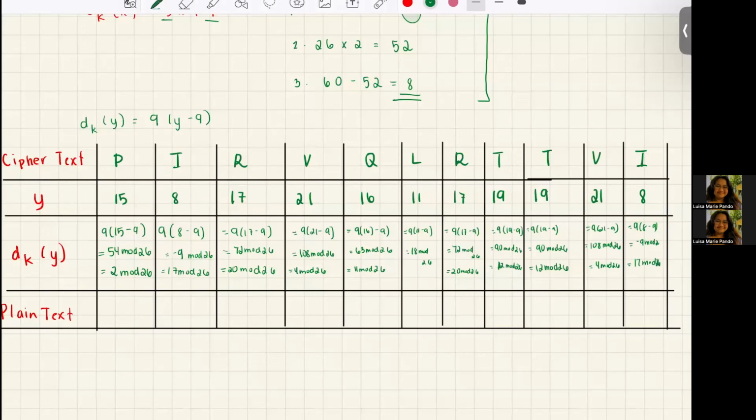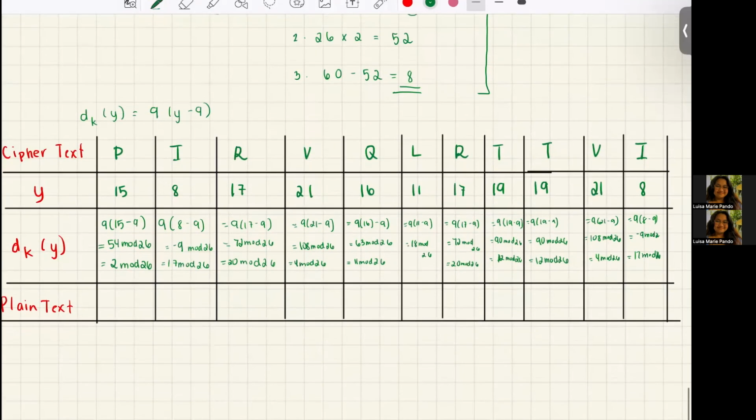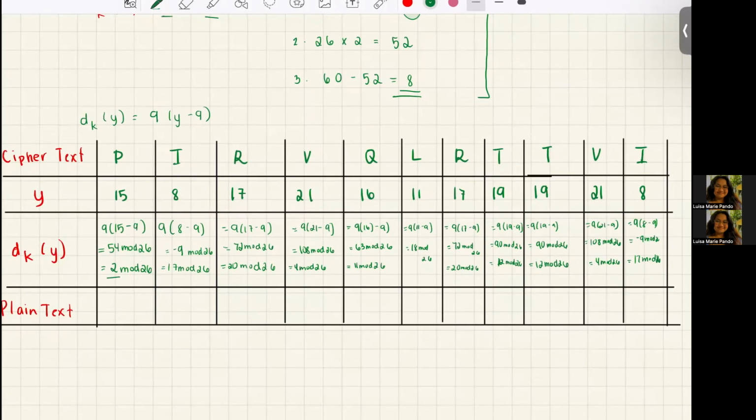Ayan, so after getting all of our decrypted letters, we now have 2, 17, 20, 4, 11, 18, 20, 12, 12, 4, and 17. So, let us now check our alphabet and tignan natin if ang magiging decrypted sentence is the same as cruel summer.